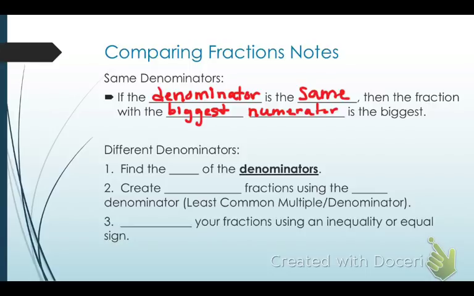But here's where it gets tricky. If they have different denominators, first you have to find the least common multiple, LCM, of the denominators, and then we create equivalent fractions using that least common multiple as your new denominator.